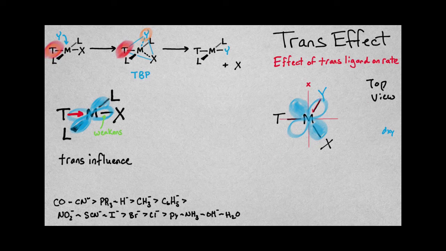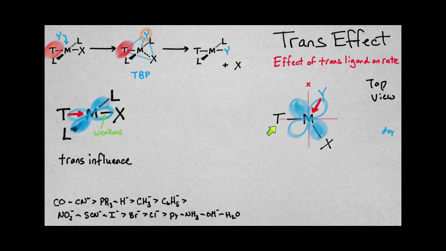So again, electron density from the ligand Y, the incoming ligand, is being directed at the metal. Now remember, you're going from a 4-coordinate complex to a 5-coordinate complex in our intermediate. So we have 4 ligands dumping electron density in the metal to 5 ligands dumping electron density in the metal. So we're getting a lot of increased electron density at the metal. And in particular with this intermediate, that electron density is going into this dxy orbital.